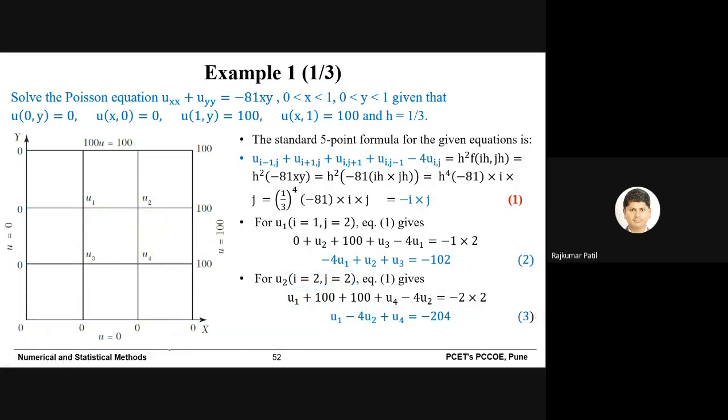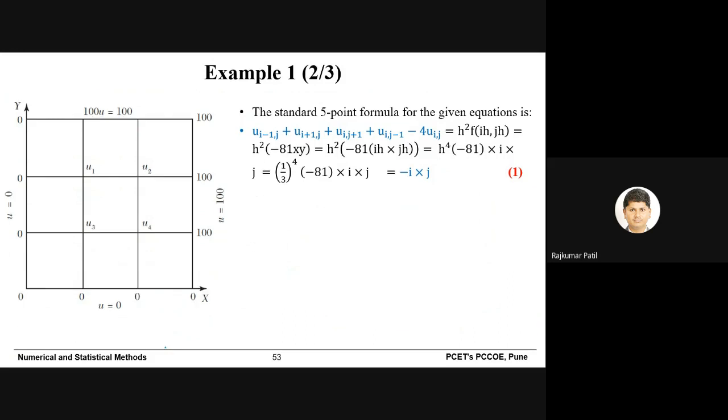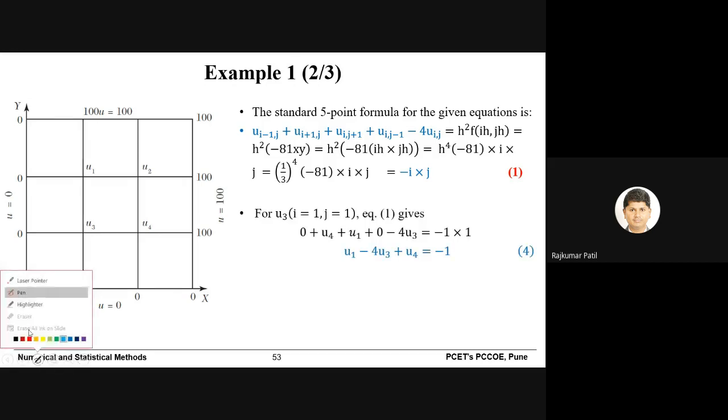Some of you may say you are still confused, so let's go ahead to the next point. Let's take u3. When I say u3, then the value of i will be 1 and the value of j will be 1. So you can see here the value of i is 1 and the value of j is 1.